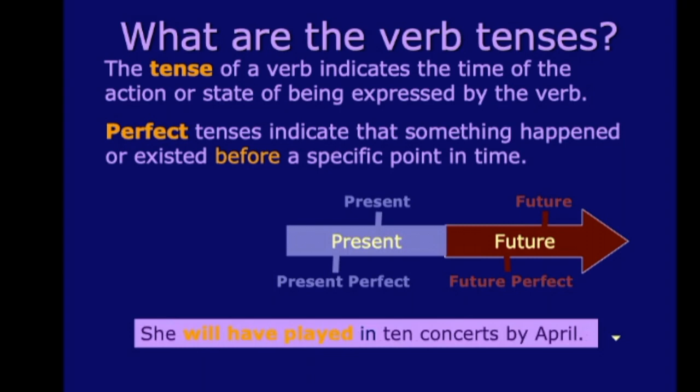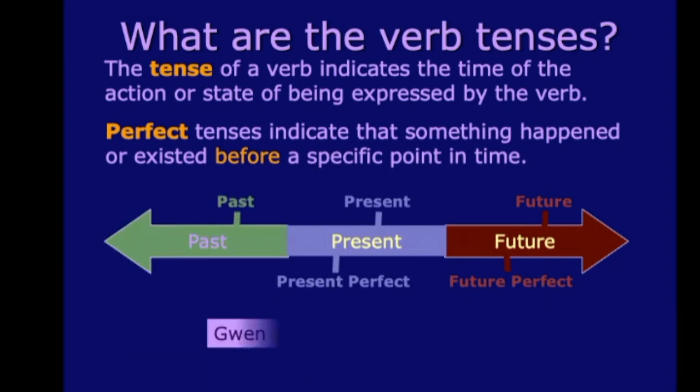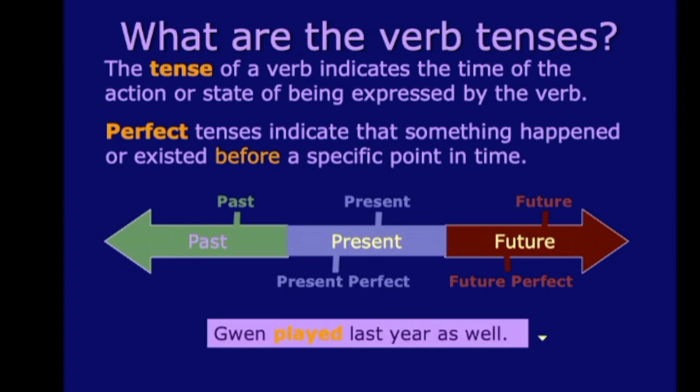In future perfect form, she will have played in 10 concerts by April. Past: Gwen played last year as well. Past perfect form, she had played violin before then.